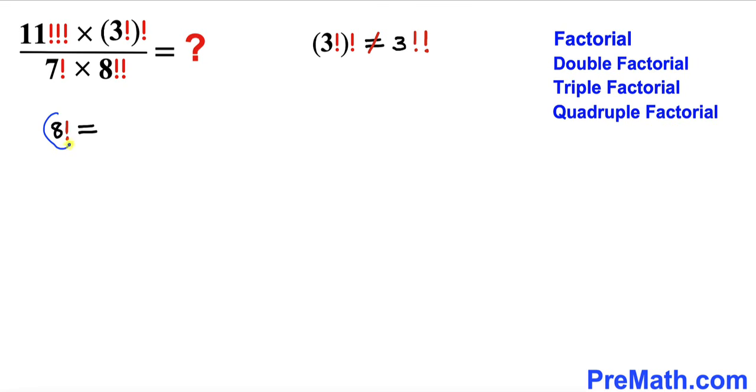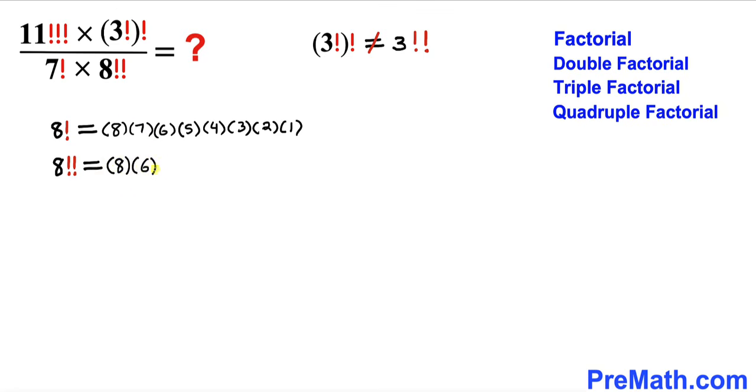Let's consider 8 factorial. This is going to be simply 8 times 7 times 6 times 5 times 4 times 3 times 2 times 1. And now let's take care of 8 double factorial, and that is going to be simply 8 times, we're going to make 2 less, so that's going to be 6 times 4 and then times 2.